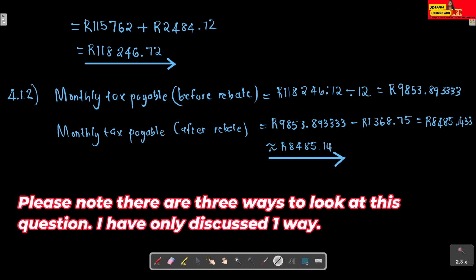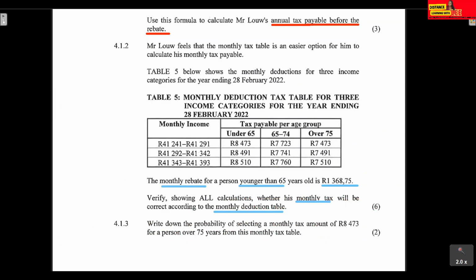Now let's have a look at the table. How are we going to calculate his monthly tax using this table? Here we see that there's a category for the monthly income. That already tells us that we first need to determine how much Mr. Lowe makes monthly, for us to determine which category his income falls in.